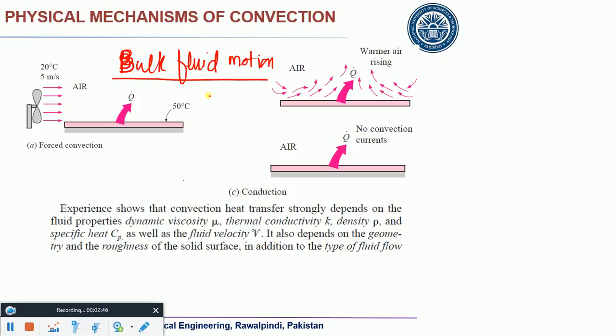If there is some bulk fluid motion, let's say sea breeze flowing over the sea surface, or the air moving around this building, if you put this fan on, let's say, there would be heat transfer from all the objects within this room. So that kind of motion is a bulk fluid motion. Now, what do you mean by bulk fluid motion? That a major chunk of fluid molecules should move with a considerable velocity.